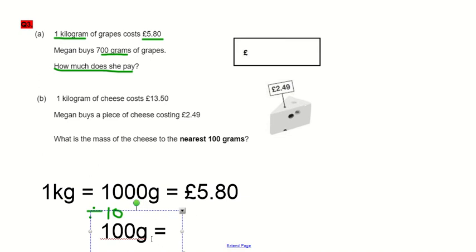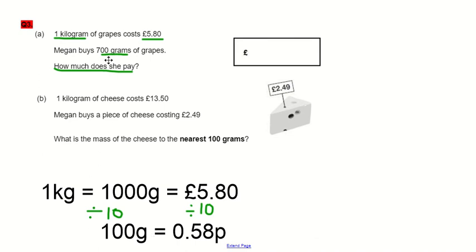So therefore, I would also have to divide £5.80 by 10. Now, if you're struggling to divide and you find dividing tricky, don't forget to draw your place value chart. But I know for most of you, you will have been able to work out that that is 58p. So you know 100 grams costs 58p.